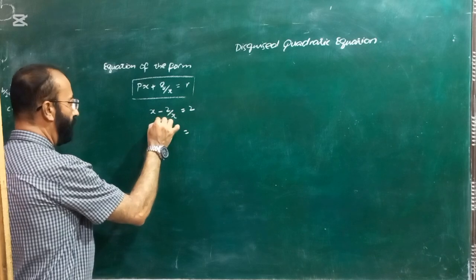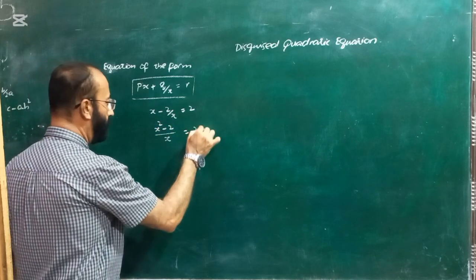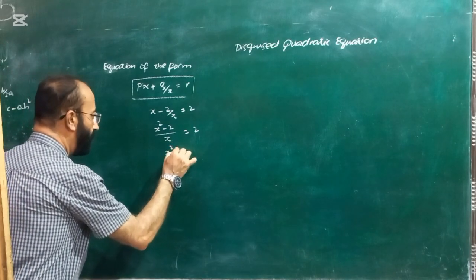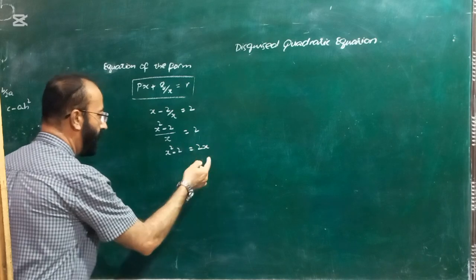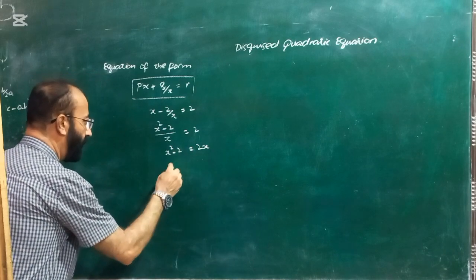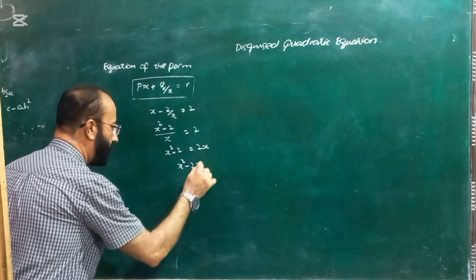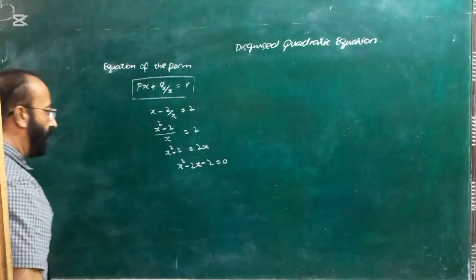So the left hand side will become (x^2 - 2)/x = 2. From here, x^2 - 2 will be equal to 2x, as x goes to the right side. Then shift this 2x to the left hand side. So it will become x^2 - 2x - 2 = 0.